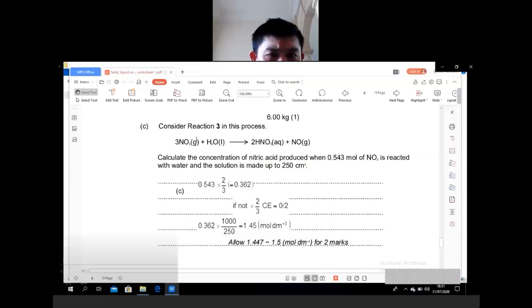So 0.543 divided by 3 and then multiply by 2. We get this much of mole, and then we multiply by 1000 divided by 250. Why? Because the unit is mole per decimeter cube, so the centimeter cube must be converted into decimeter cube. So the answer should be 1.45 mol per liter or near to that.